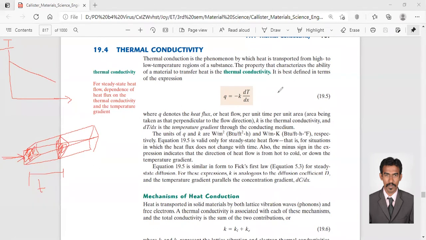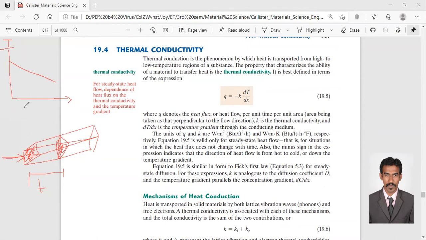k is the thermal conductivity and dT by dx is the temperature gradient through the conducting medium, right? dT is the change in the temperature, dx is the change in the distance. So dT by dx will give you the temperature gradient, right? So in this much distance, how much is the change in the temperature?